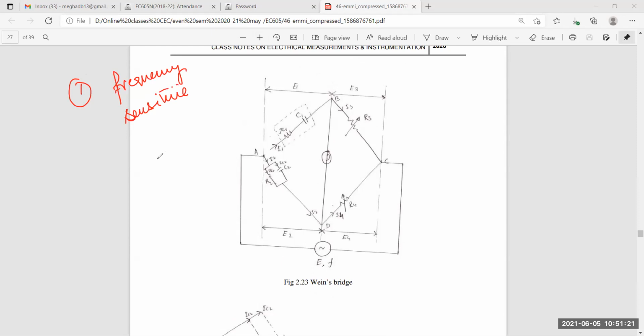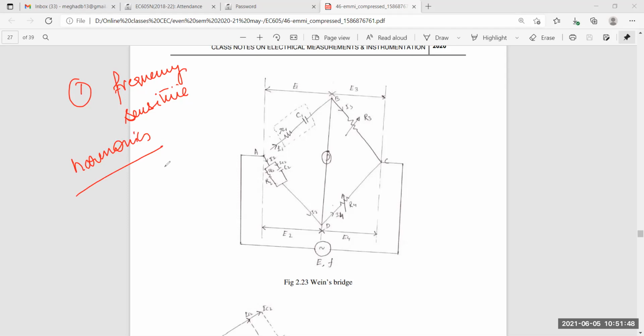The input supply voltage here is not purely sinusoidal and has some harmonics. Harmonics of the supply voltage disturb the balance condition of the bridge. You know that if there are harmonics in any supply or waveform, it creates problems in the bridges. So mainly here the input has some harmonics because it is not purely sinusoidal.